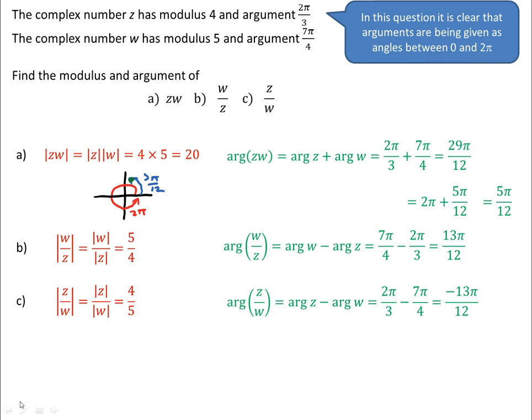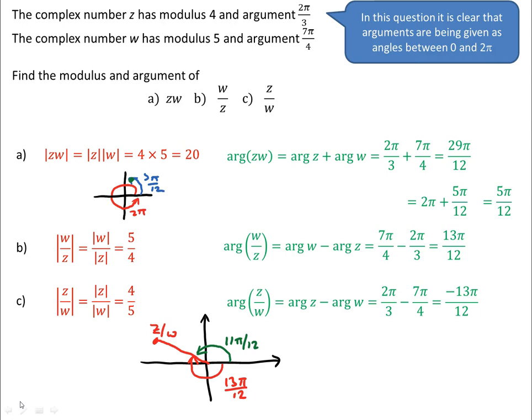Now we're only allowed arguments between 0 and 2 pi, so we can't have an argument of minus 13 pi by 12. An argument of minus 13 pi by 12 means that we've got to go 13 pi by 12 in a clockwise direction from the positive real axis.